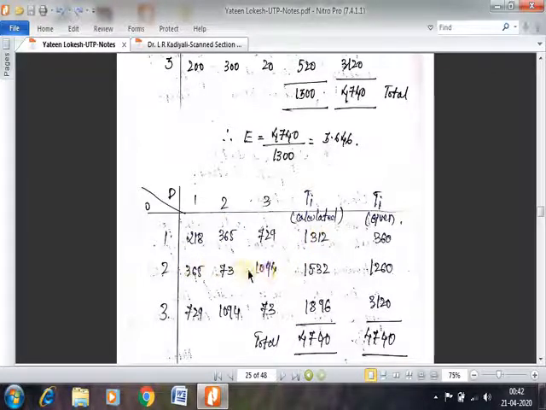Similarly, the sum of all the trips from zone 2 is 1532, and the sum of all the elements from zone 3 is 1896. If you sum them up again like this, the answer that you get is 4740, which is similar to the total number of trips that is expected to happen in future.